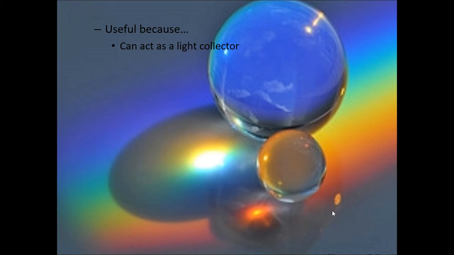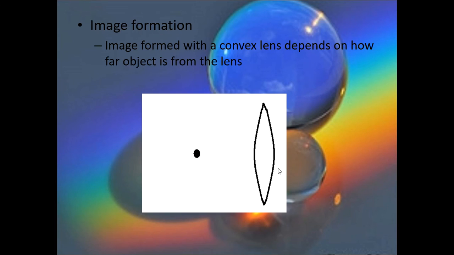This is useful because a convex lens can act as a light collector and forms a real image. If there's no focal point, there's no real image. An image is formed when rays meet at a point. That's the only time that you can see a real image. The image formed with a convex lens depends on how far the object is from the lens.